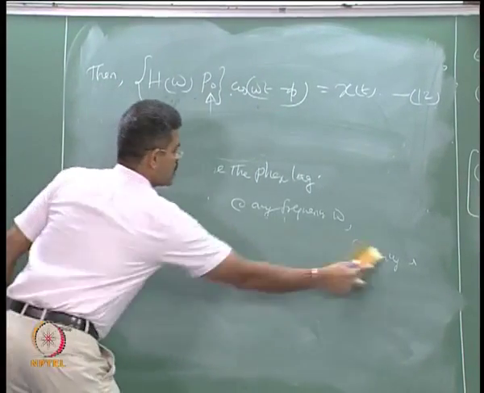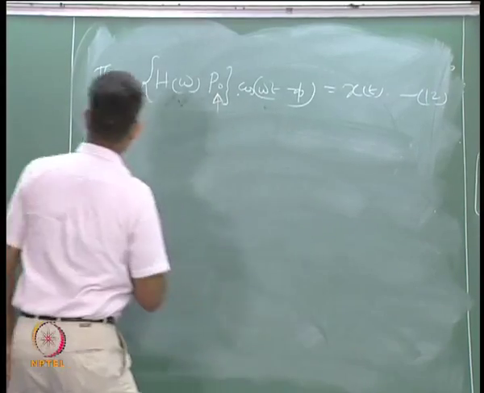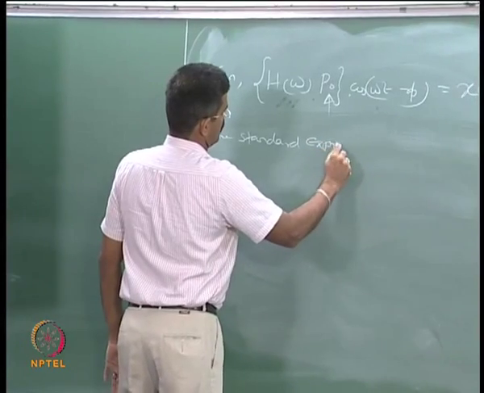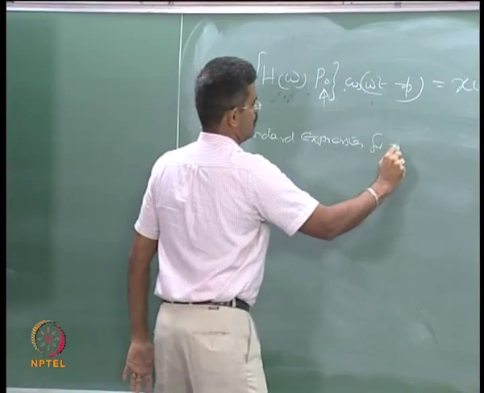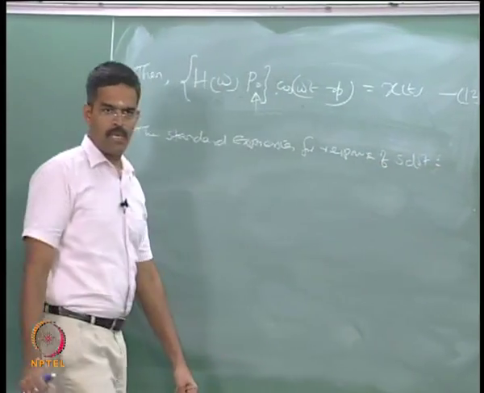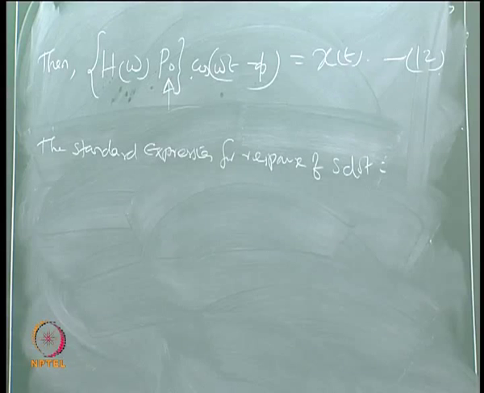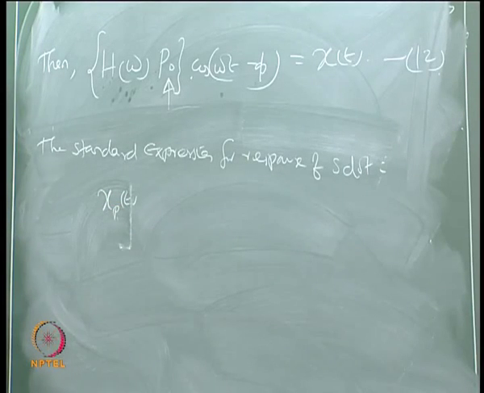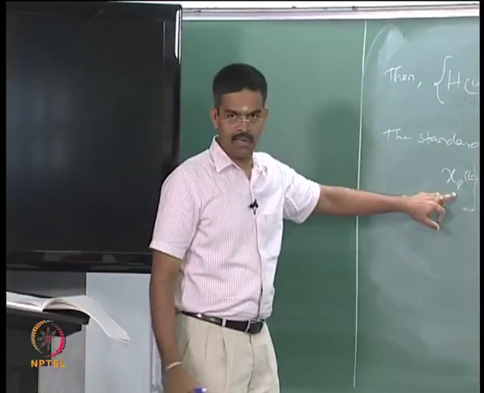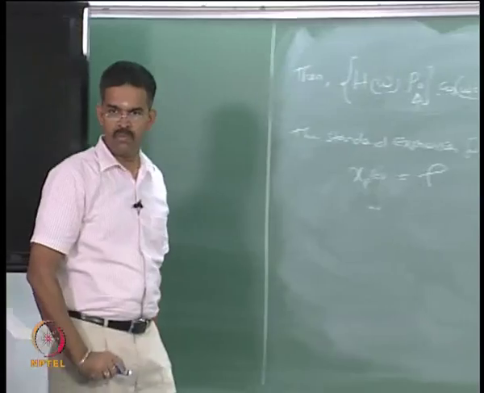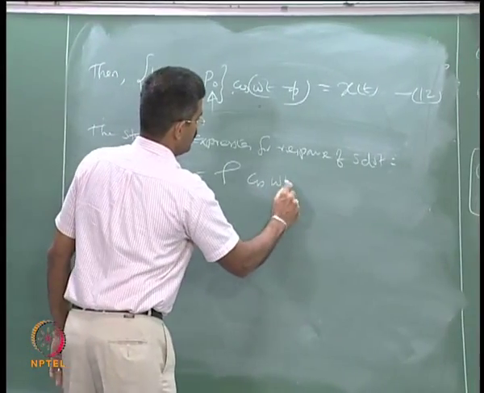I will compare this equation with a standard expression, which is given by x p of t. I am using p only to show it is a steady state response, particular integral, otherwise it is only x of t. This is equal to nothing but some value rho of cos omega t minus phi, is that right?